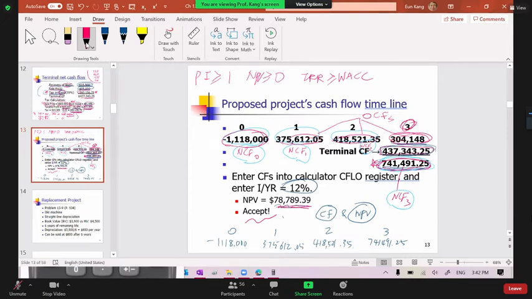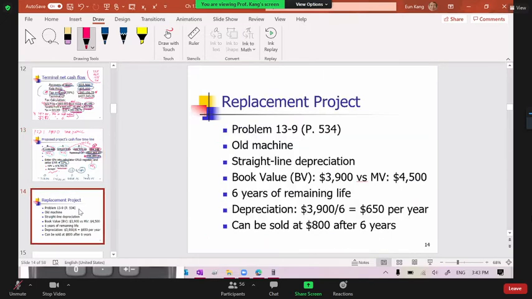And then the replacement project is more difficult because, as I said, this one includes opportunity cost. That is page 534. Let me read it.